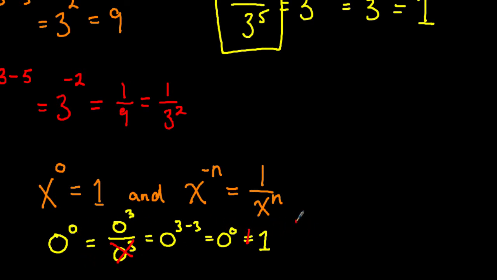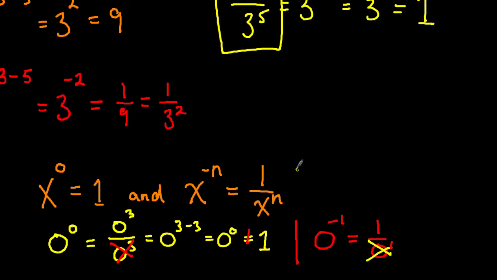And for the same reason, suppose we said 0 to some negative power. How about 0 to the negative 1? Well, we might say take the reciprocal of 0, which is 1 over 0, to the positive 1. I'm going to stop right there because we have 0 in the denominator and we can never do that.